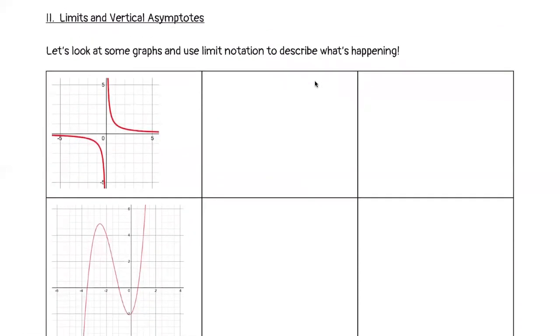All right, so let's get right into this. Limits and vertical asymptotes. That's where we're going to start today. And we're going to start with things that I think most people feel comfortable with, which is looking at a graph and tying that to limit notation. So let's start with this first graph here. Vertical asymptote, where is it?